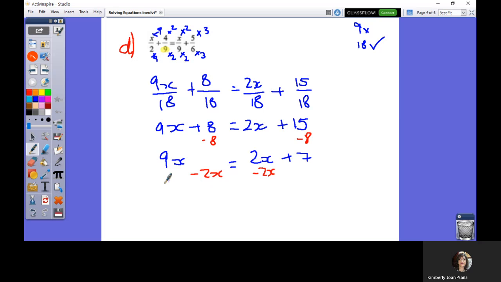So we are left with 9x minus 2x gives us 7x. 2x minus 2x, they cancel each other out, and here we have 7. In order to get rid of that 7 here, we can divide both sides by 7, and we are left with x is equal to 1. 7 divided by 7 gives us 1.